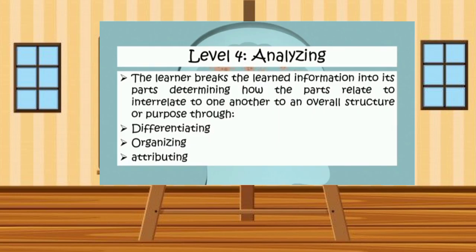The fourth level is analyzing. The learner breaks the learned information into its parts, determining how the parts relate to one another and to an overall structure or purpose through differentiating, organizing, and attributing. The learners are able to differentiate what he or she understands.